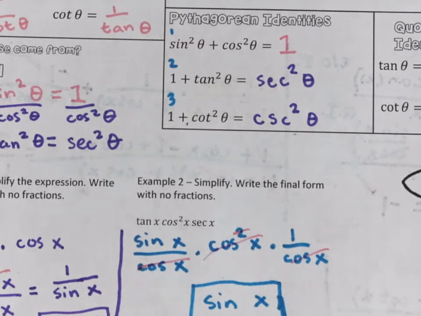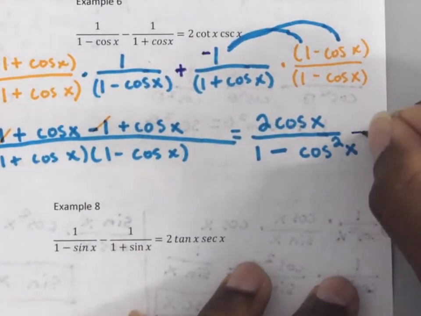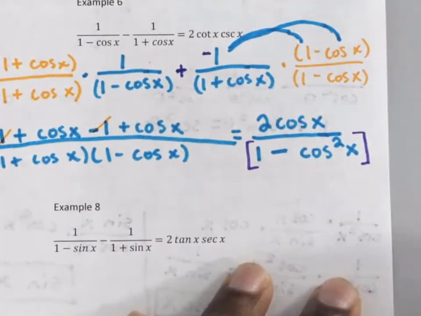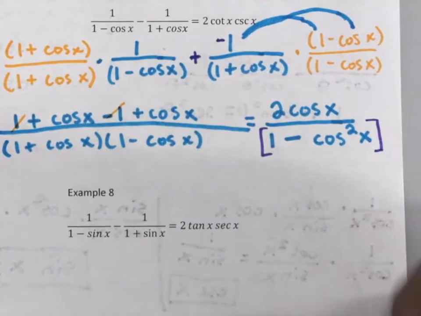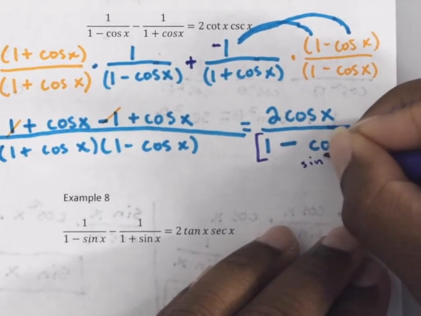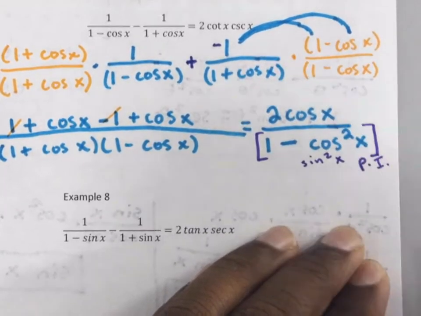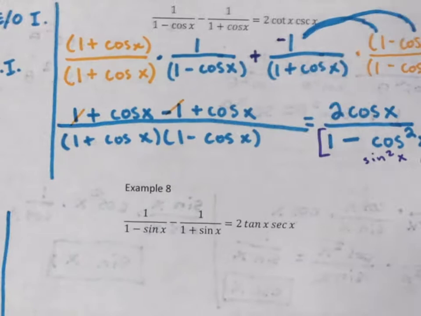So let's do that substitution there. I can substitute this with sine squared, using the Pythagorean identity, and I can replace this.